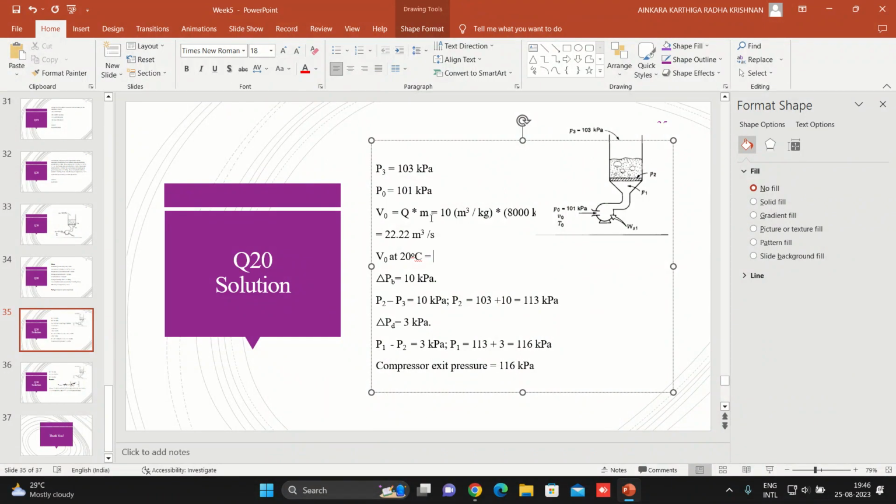So at 20 degrees Celsius, how much it would be?